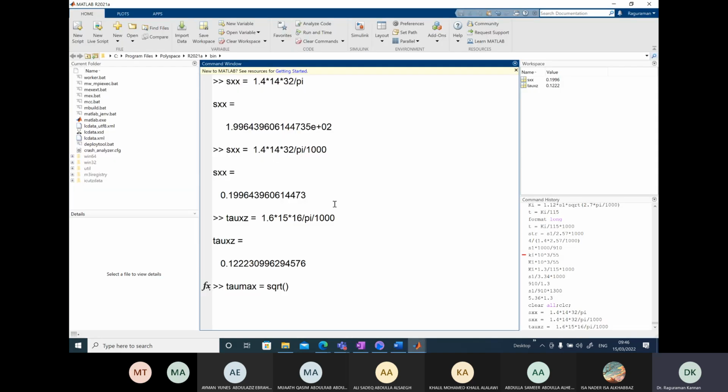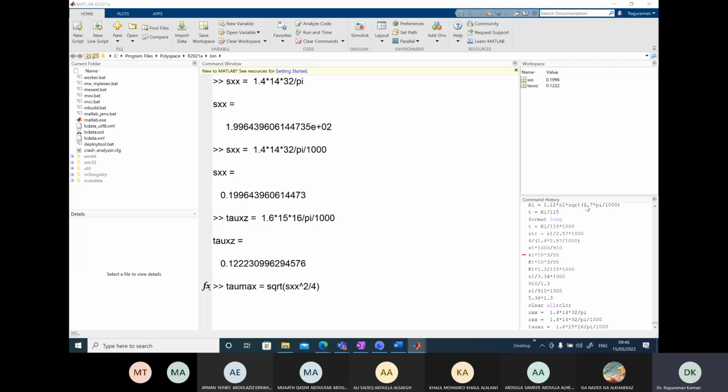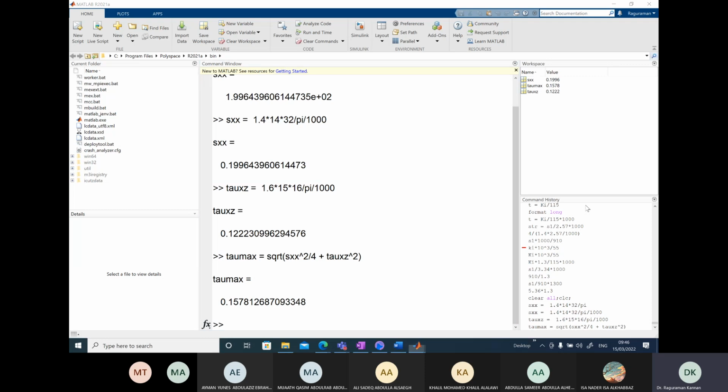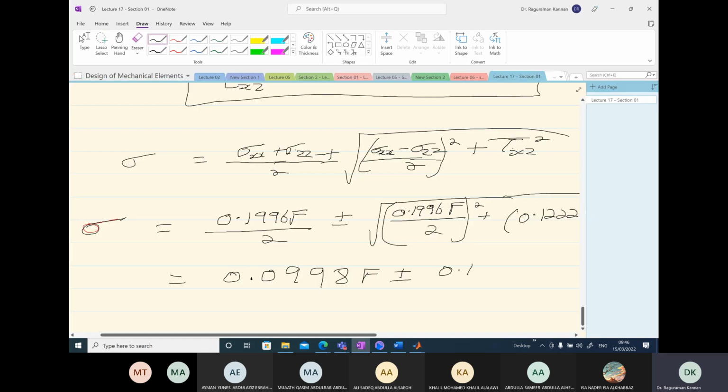I have here 0.1996 F, which is the xx value, divided by 4, and then we have the tau xz square value, which gives 0.1578 F. The value F is always positive.